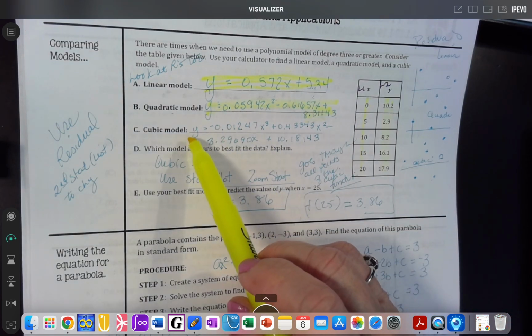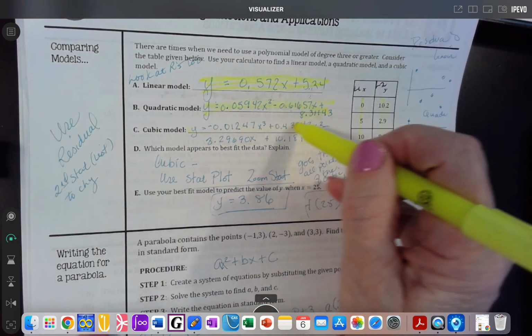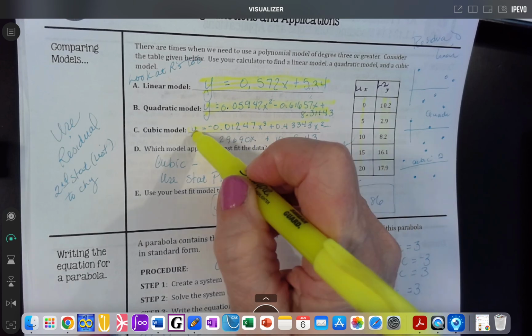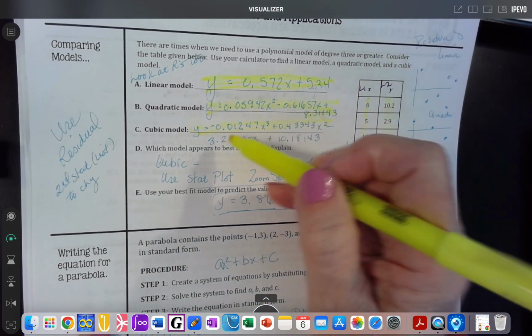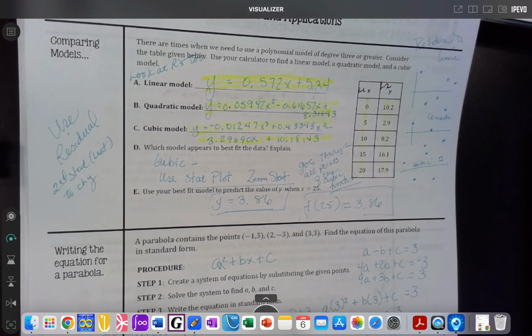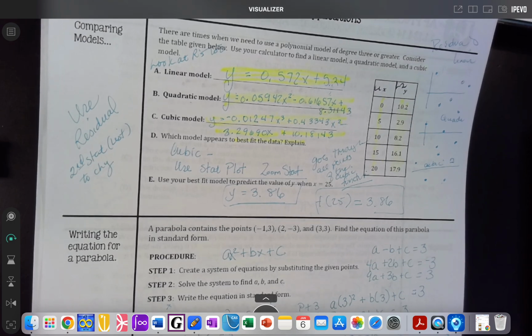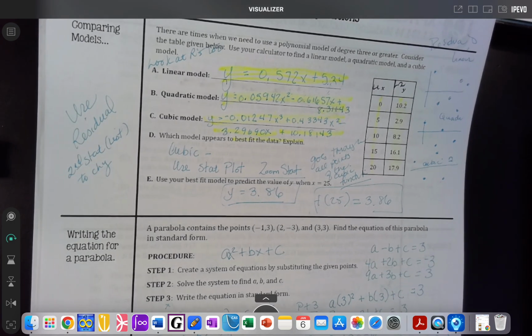And now the cubic model is this number. We have it all worked out here. So it's a cubic, goes to x squared, then x, then constant. Okay, so it says which model appears to be the best data fit? Explain.